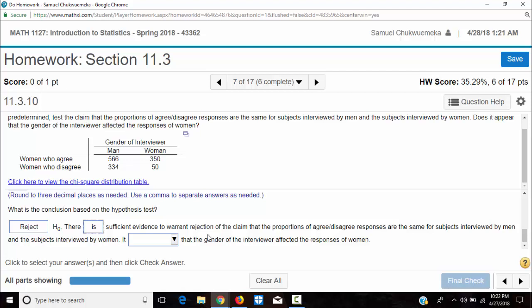But you have sufficient evidence to now support the claim of the alternative, and the alternative is that the proportions of agree or disagree responses are different for subjects interviewed by men and the subjects interviewed by women. So it appears that the gender of the interviewer affected the responses of women.